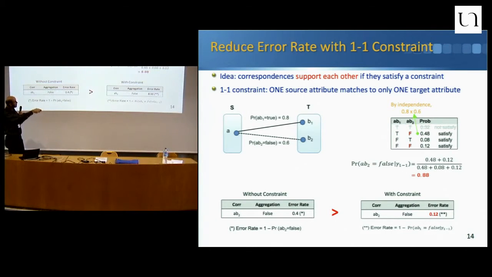Once we have updated the probabilities, we can show that, with the help of the constraints, we can reduce the error rate, if we assume an equal number of responses. So having this table enables us to lower the error rate. In other words, we arrive at the same estimated quality with a lower number of questions.